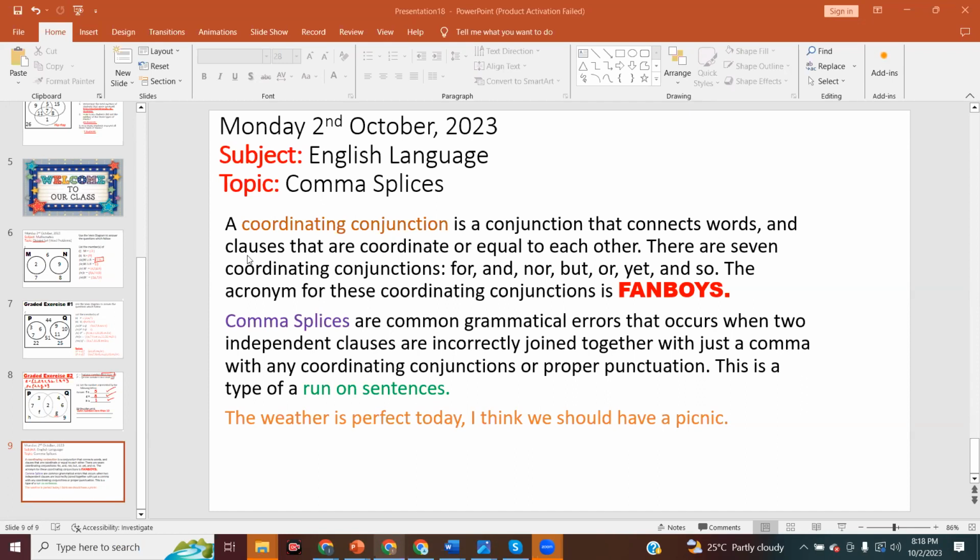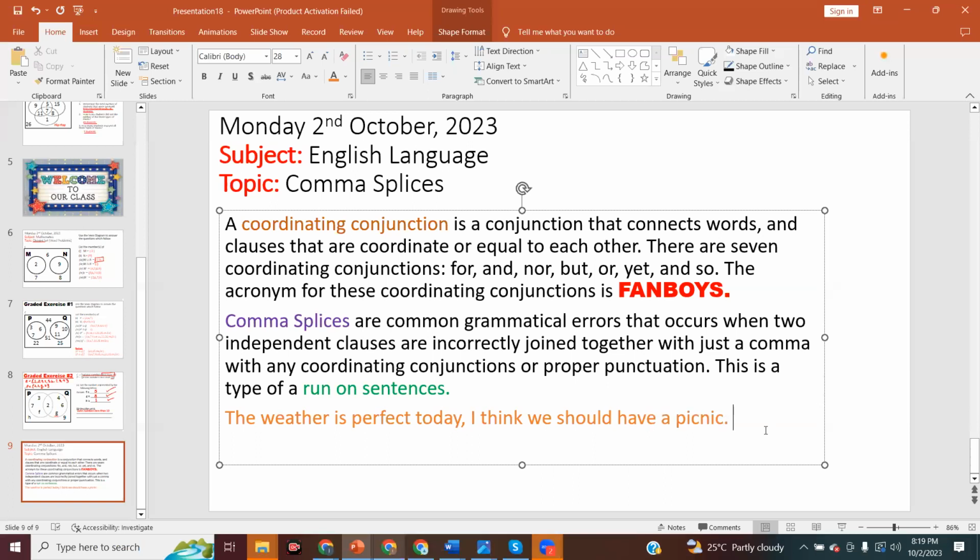All right, most persons believe that this is a correct sentence. And why do you think this is a correct sentence? Is it because of the comma?